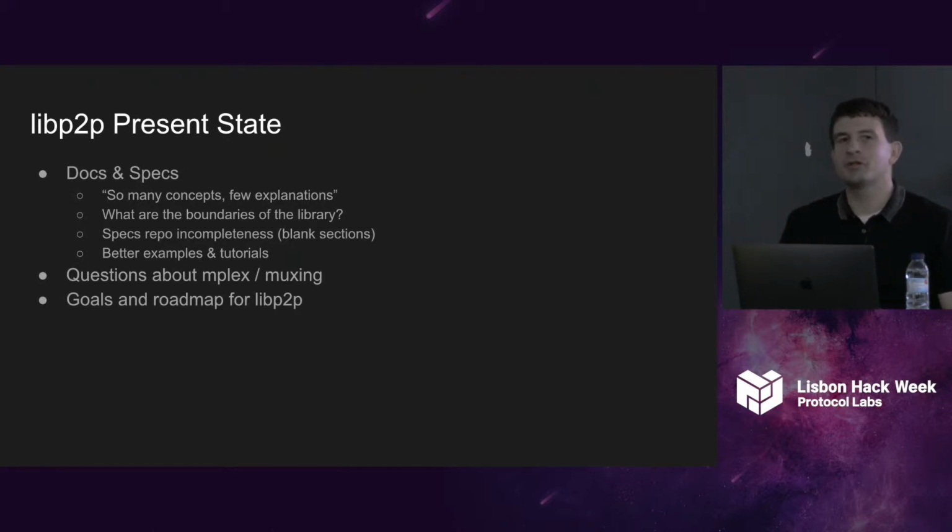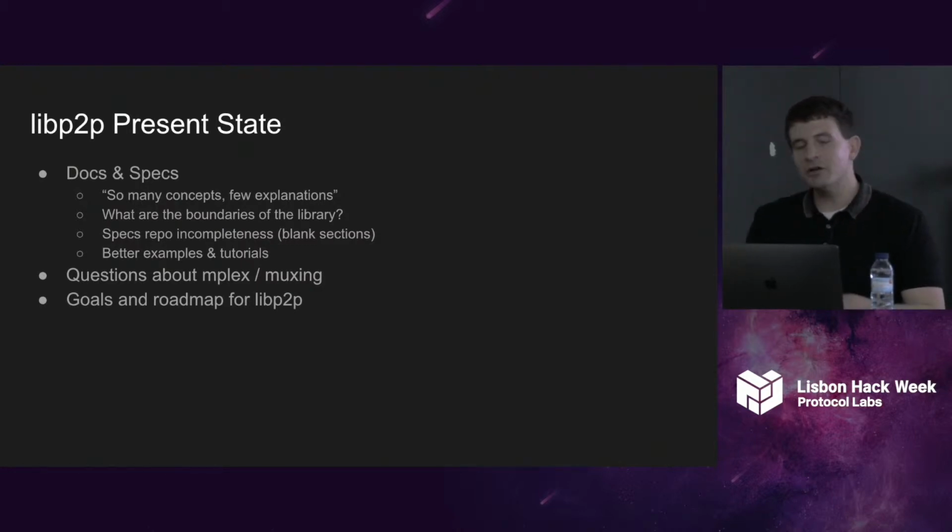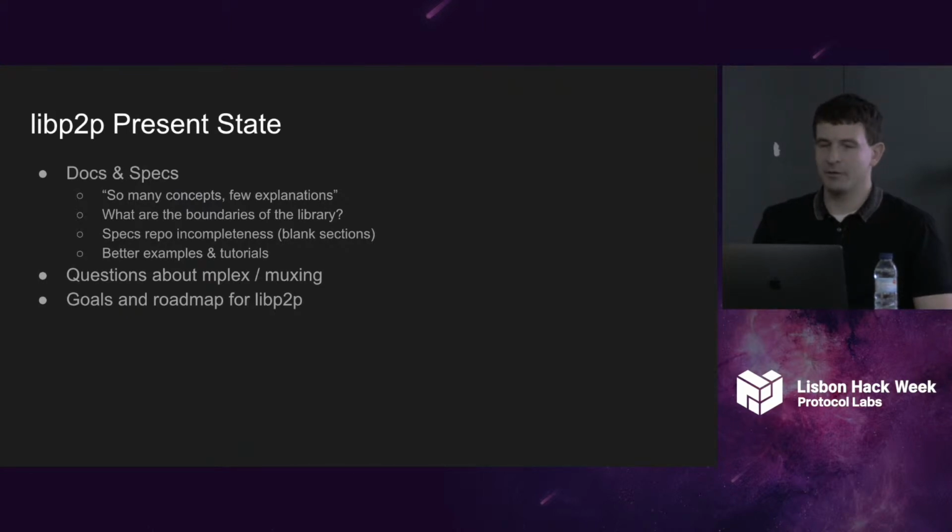I'm going to summarize this in a GitHub issue that I'll put up on libp2p/libp2p, because it's a general cross-language issue. Also, some questions about goals and roadmap for libp2p came up.